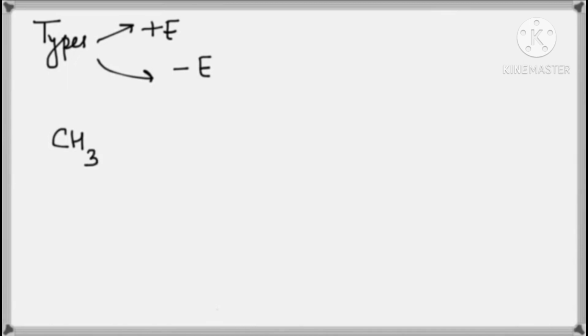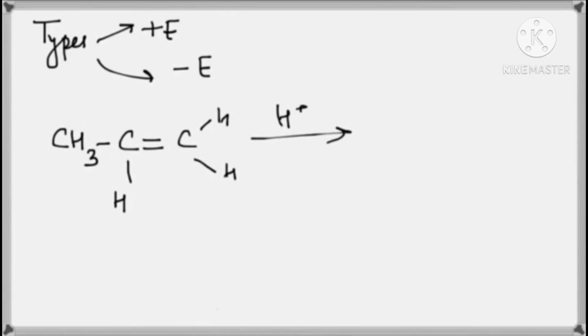There are two types of electromeric effects, and we call them plus E and minus E. Let's see how we can differentiate between the two. For that, let's take another example. We have CH3 C double bond C H H and H, and let's bring H plus here.